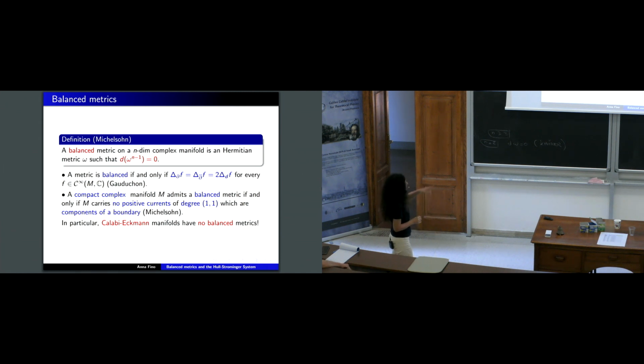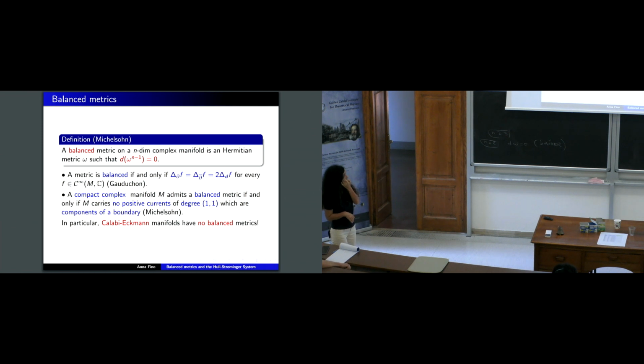The condition is essentially that you cannot have any positive current at degree (1,1) which is a component of a boundary. So there cannot exist a positive current T such that T is del S plus del bar S bar. That's a nice condition. We will use this duality with currents later for the construction of balanced metrics.